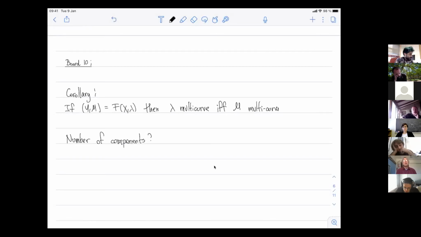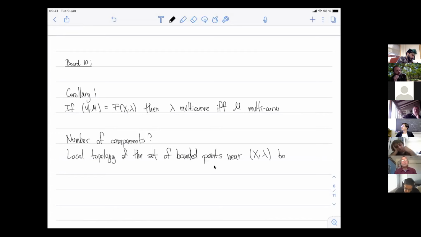That's the question. And we're going to say yes, but the answer is going to be a bit more complicated, and it's going to have to do with the local topology of the set of bounded points near a given x, lambda, say x, lambda bounded.